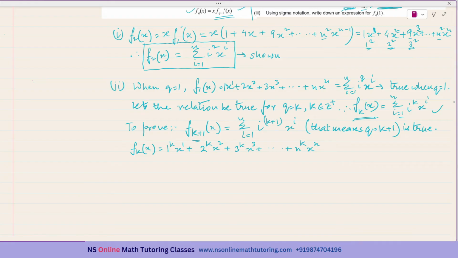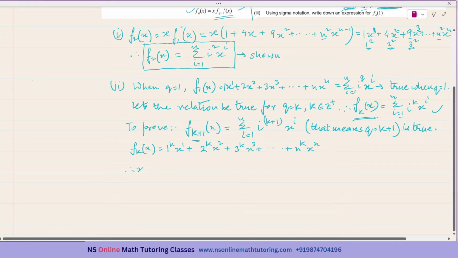Therefore, x times f_k dash of x should be equal to x times the derivative of this. 1 to the power of k is 1, so it is x, and the derivative of x is 1.